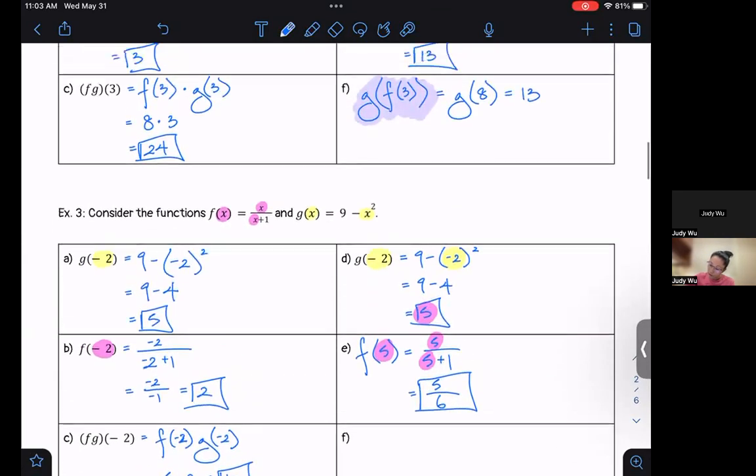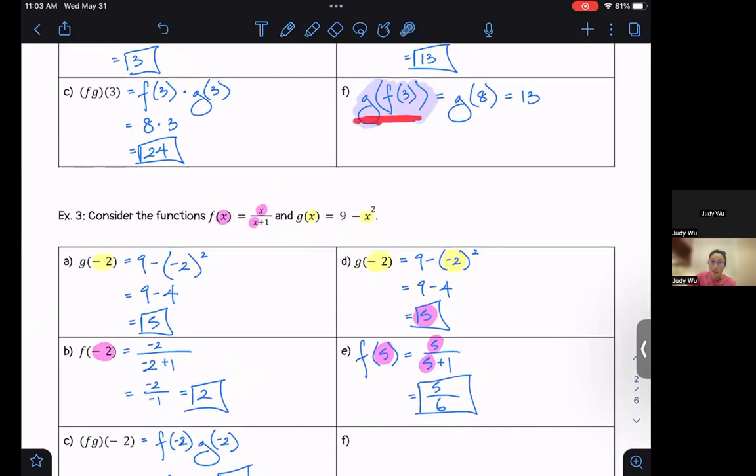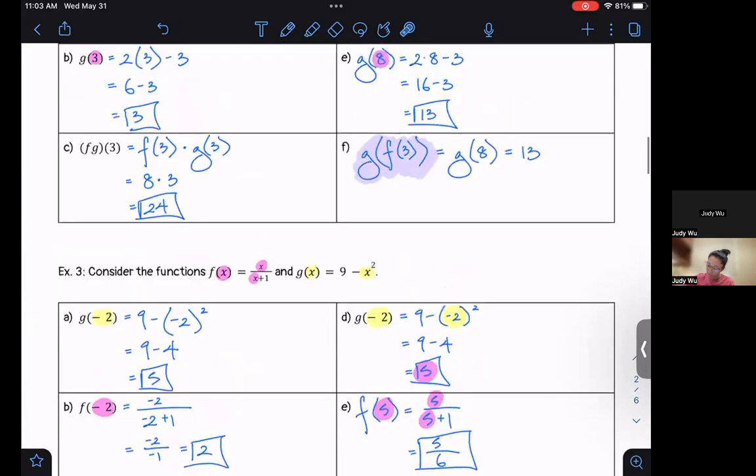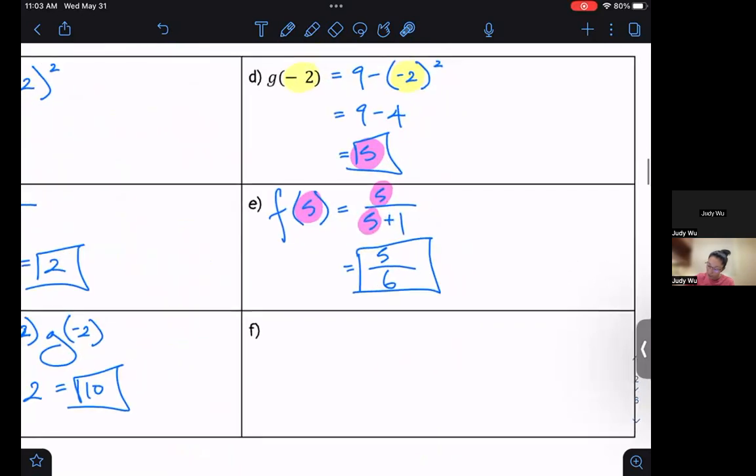So how do we write this using this notation? We've got to think about which function we put into which equation. So in this case, I took the g of negative 2 and I put it inside the f. So I'm going to have f of g of negative 2, with that whole thing going into f.